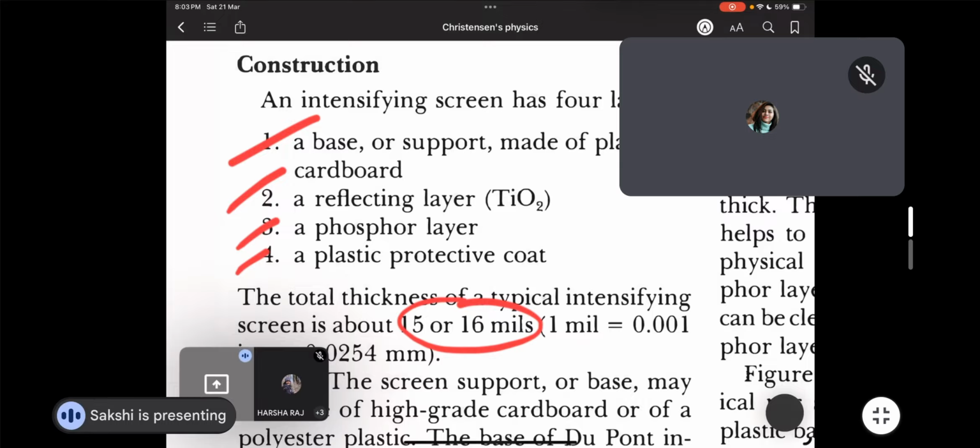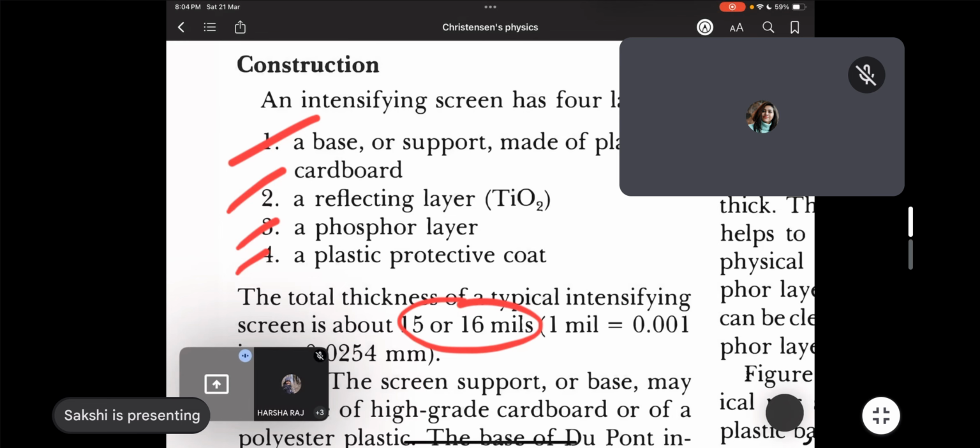Once you are done with writing, let me know, okay? Shall I move forward now?